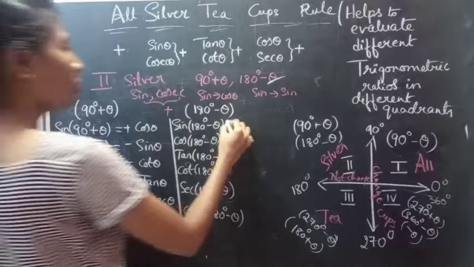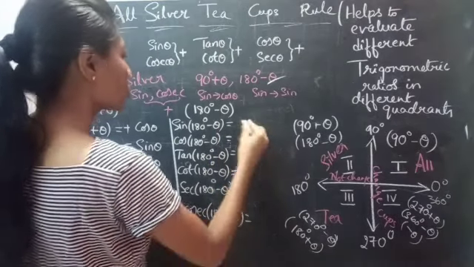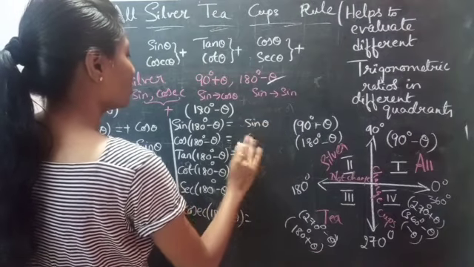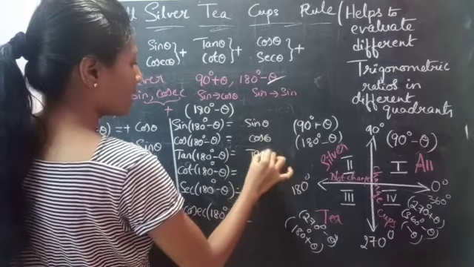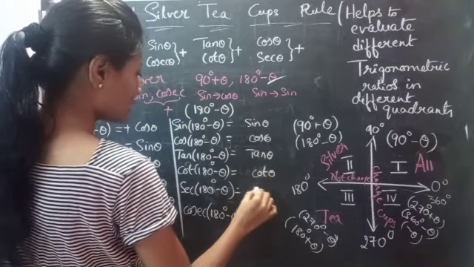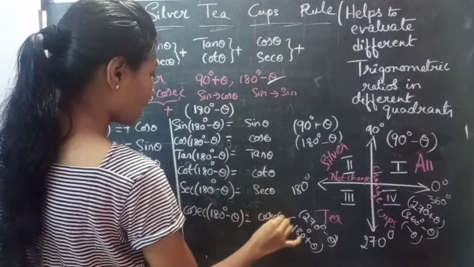So here trigonometric functions will not change. Sine remains sine, cos to cos, tan to tan, cot to cot, secant to secant, cosecant to cosecant.